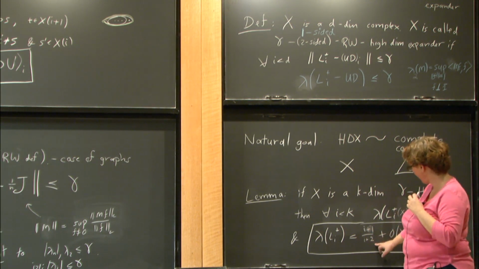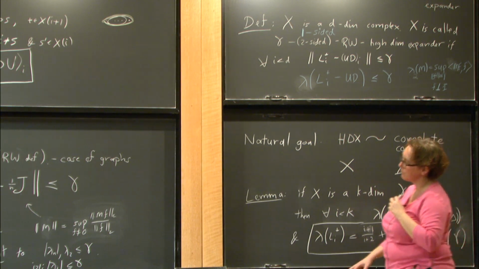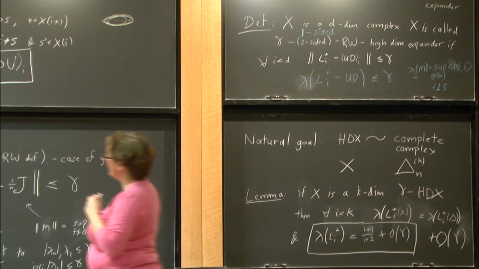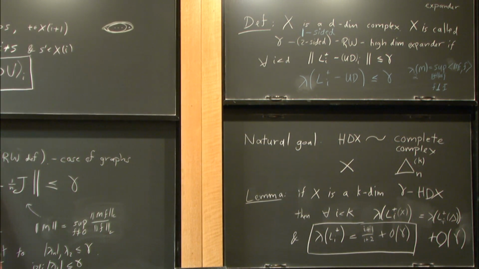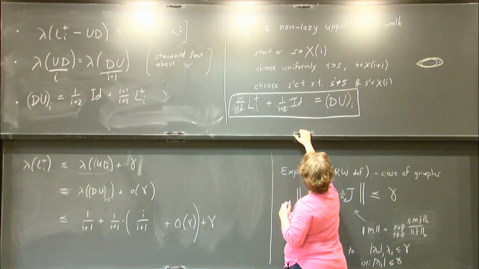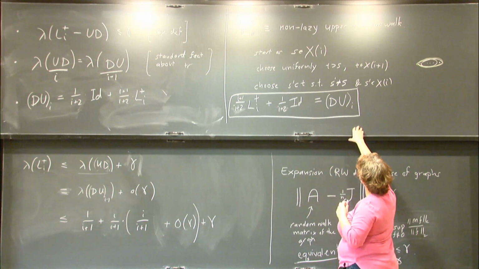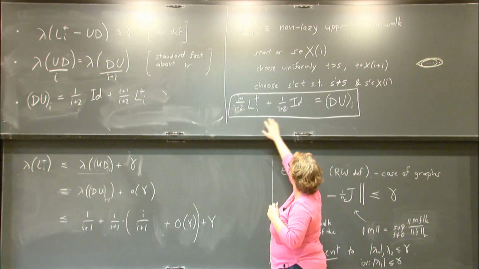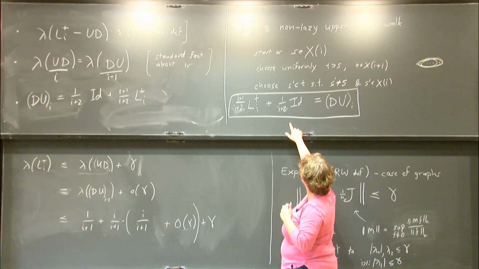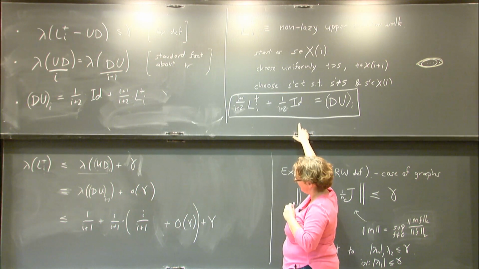This formula? No, the formula in the box upstairs. Ah, this one? Yeah, it's not. Is it correct? Maybe it's I over I plus 1. For I equals 0, with probability half, you do this, and with probability half, you do the identity.